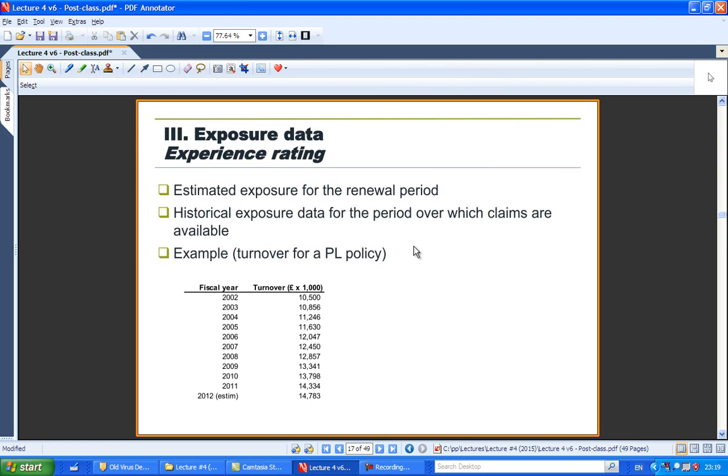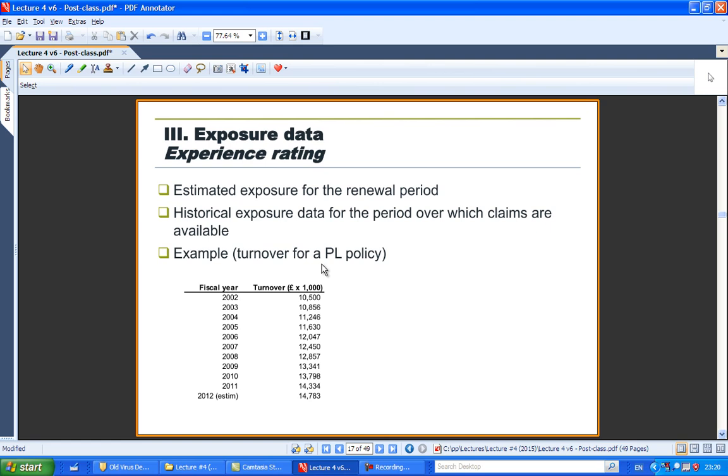Let's assume, for example, that you have a public liability policy like here, and that you want to find the price of this policy for year 2012. The client requires a policy for year 2012.